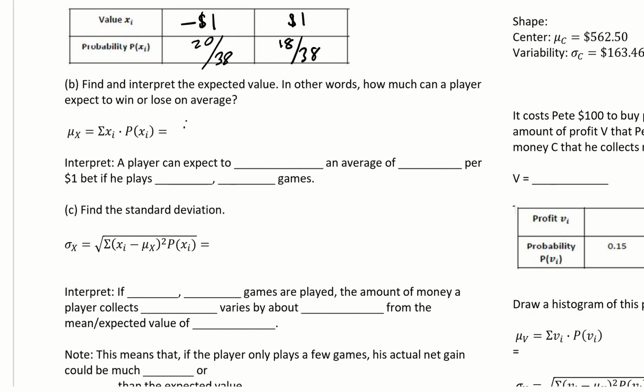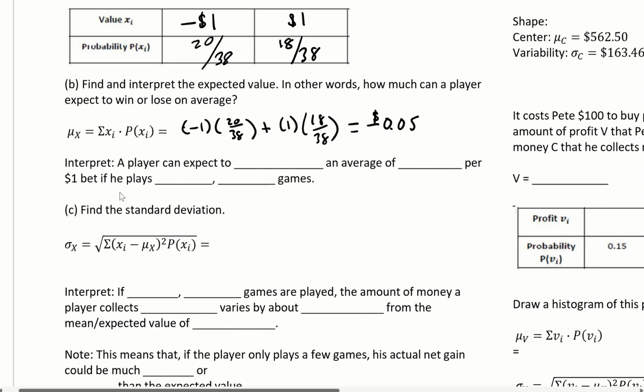All right, so we got -1 times 20 out of 38, the x value times the probability, plus the x value of 1 times the probability of 18 out of 38. And you add them together, so you get a net loss of 5 cents.